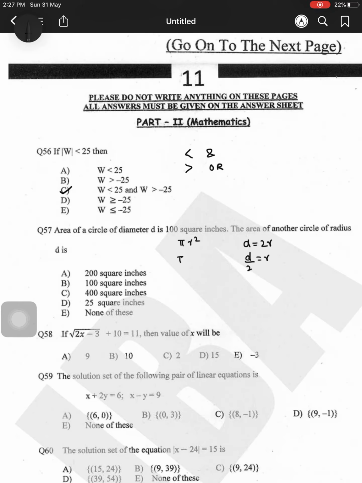D upon 2 is equal to r. Pi times d upon 2 squared is equal to 100, because it's saying the area of a circle of diameter d is 100 square inches. So this is going to be d square pi upon 4 equals 100. D is going to come out as 11.28.